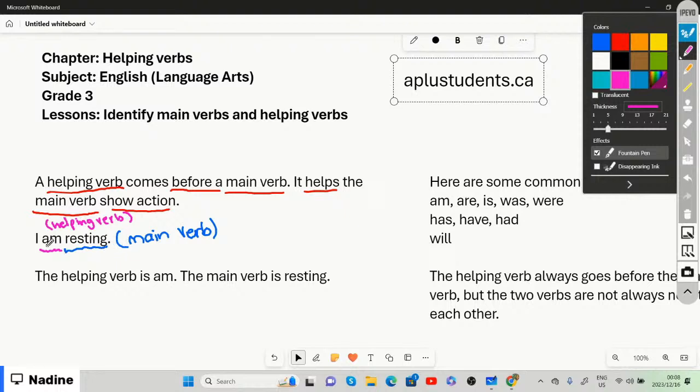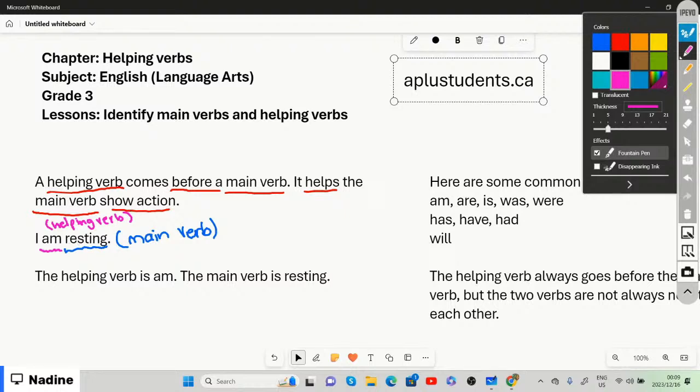Not the subject, because if we make mention of the subject, then the subject will be a noun or a pronoun. So the verb is the action. Resting is something that someone is doing.